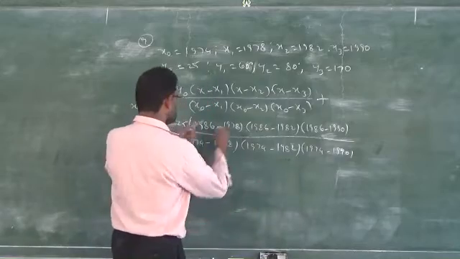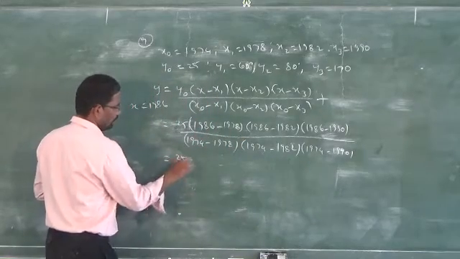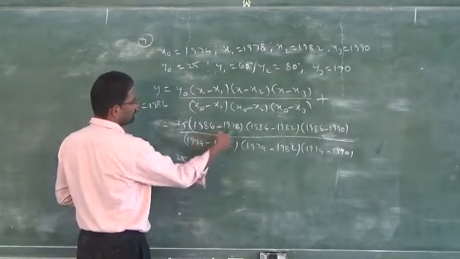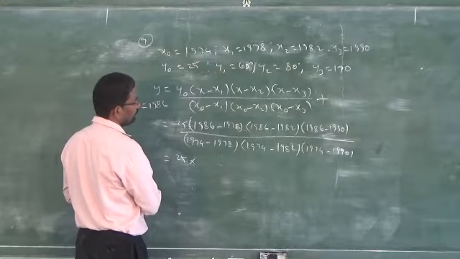Clear? So just subtract: 25 into (1986 minus 1978), how much?